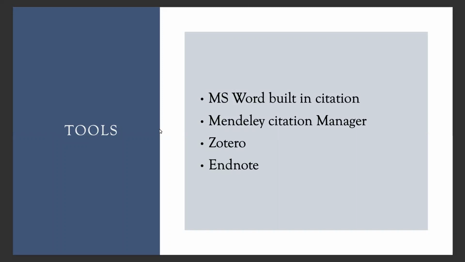There are different tools that you can use to build your literature review. MS Word is one of the tools you can use, which by default has a citation tool embedded in it.